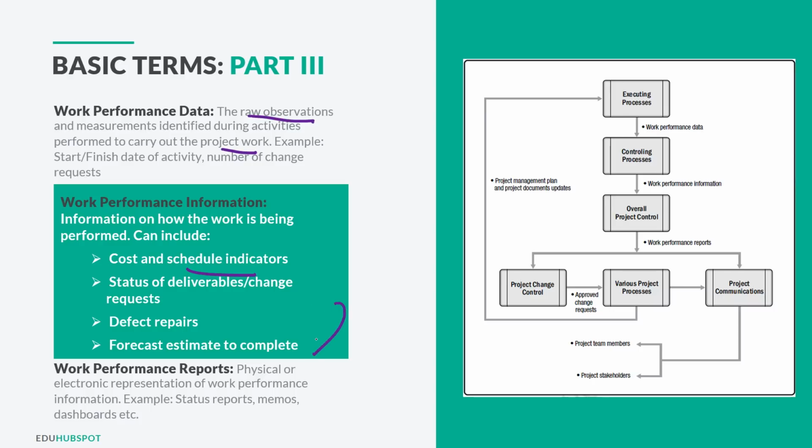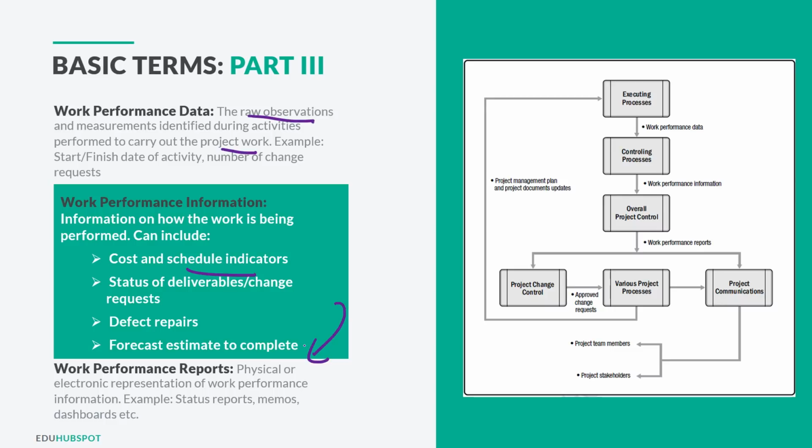And from work performance information, we move to the work performance report, where all that information is represented in some kind of report, like a status report which we send out, or a dashboard, or memos. One thing to keep in mind is that your work performance data always gets converted into work performance information, and your work performance information always gets converted into your work performance reports.